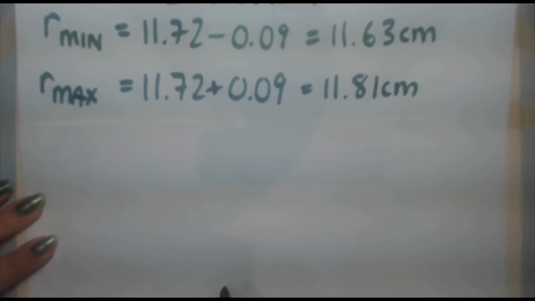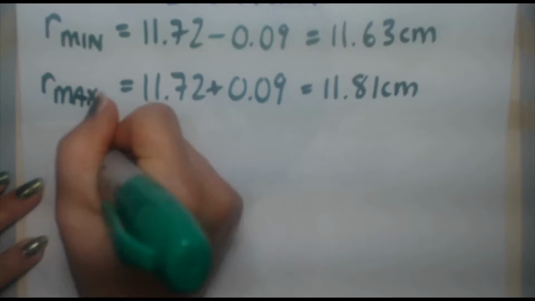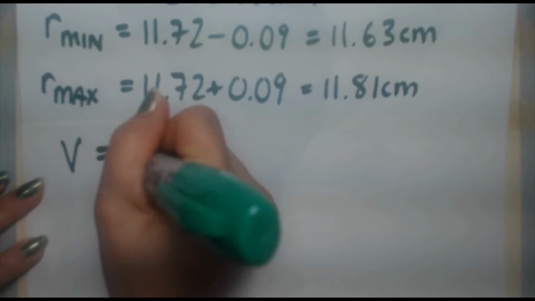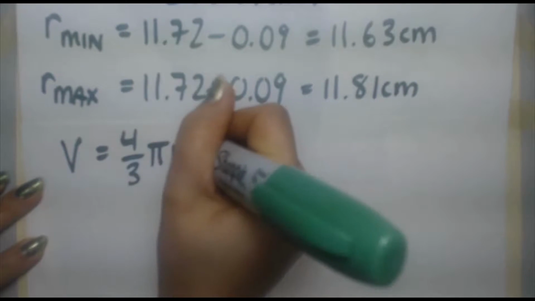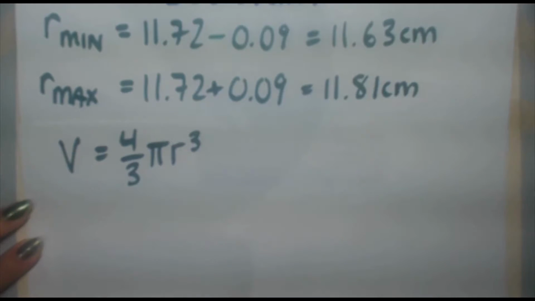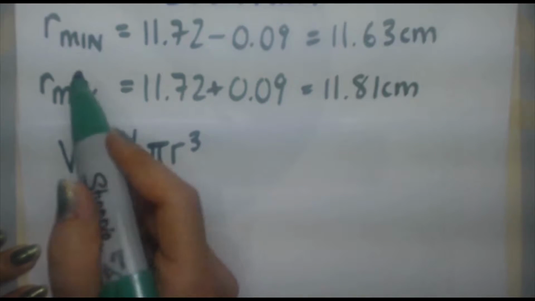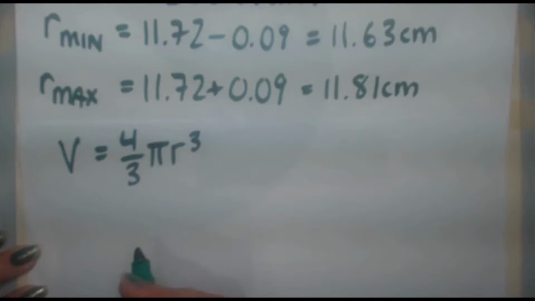The volume of a sphere is given by 4/3 pi r cubed, and at this point you really should have that memorized. If you are taking AP Physics, they should give you the equation, but nonetheless, after you do a lot of problems, you're going to inherently memorize it. Now we need to determine the minimum and maximum volumes, based on the minimum and maximum radii.